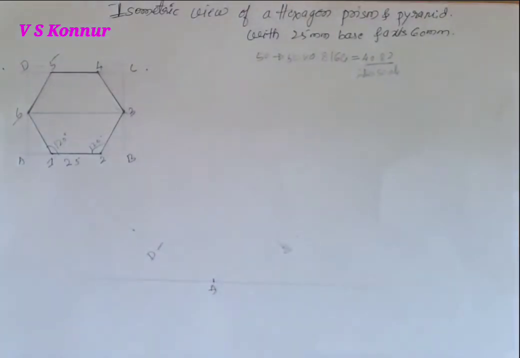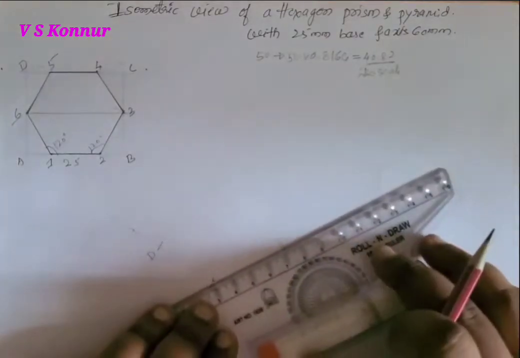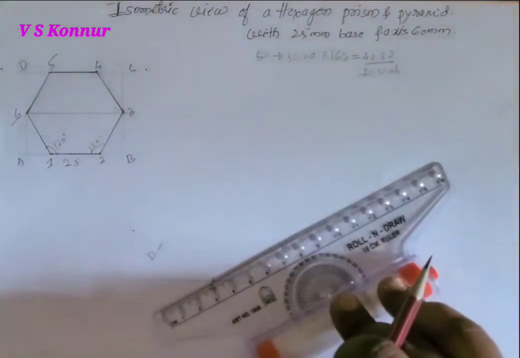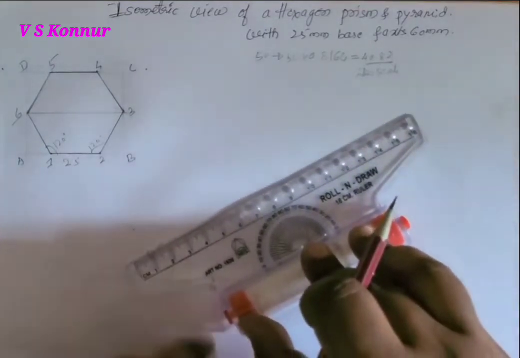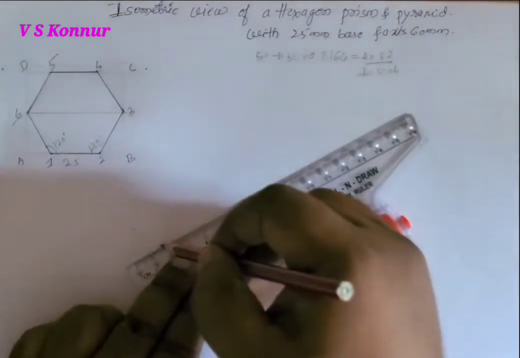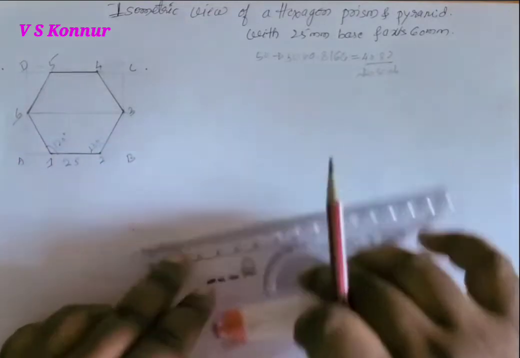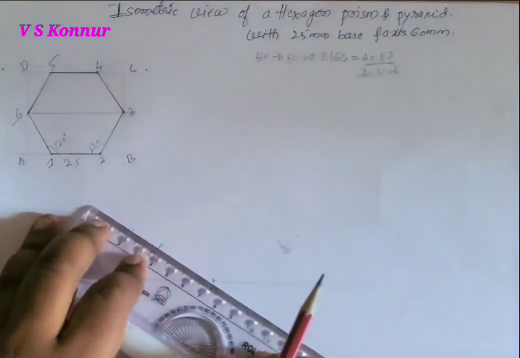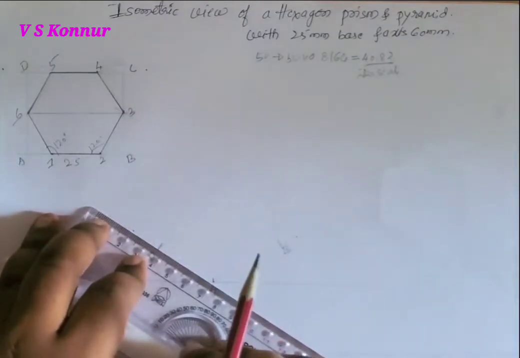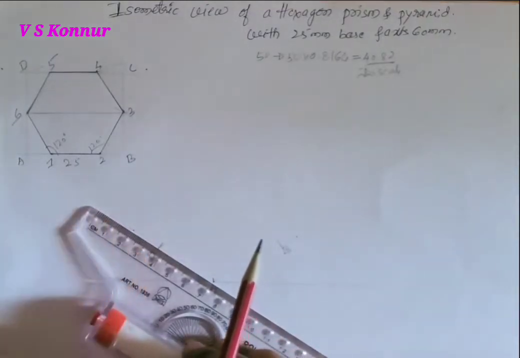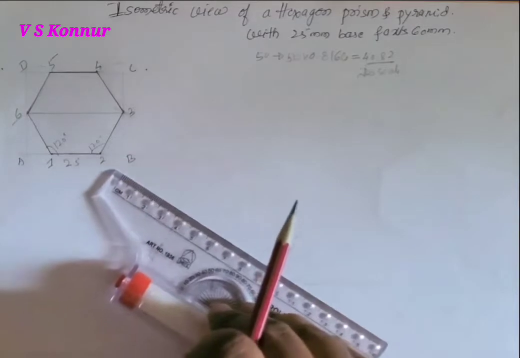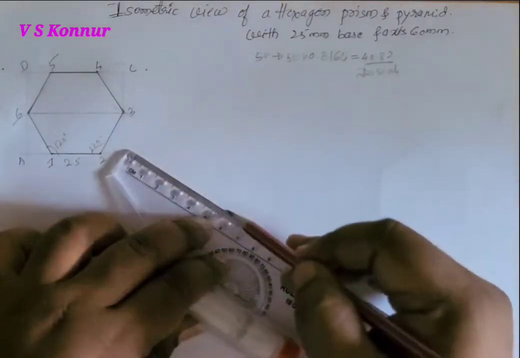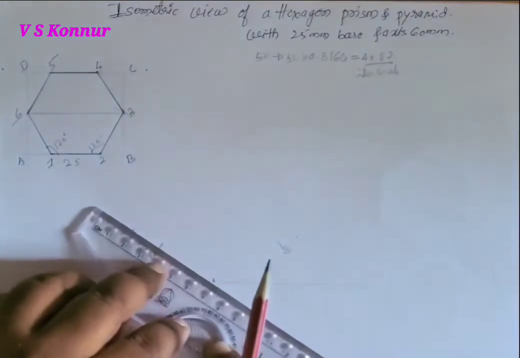Then by using roller scale, parallel to AB, I'm just dragging at point D. I'm drawing the parallel line, and from this point drag to the B. Once again you can check.